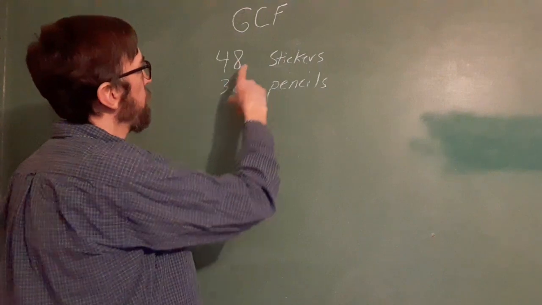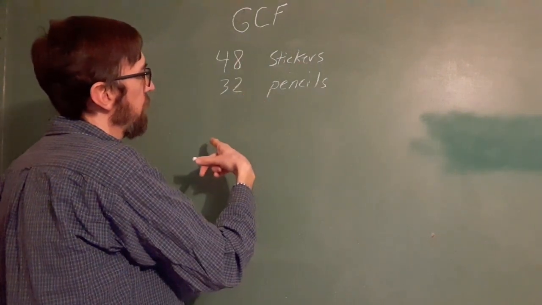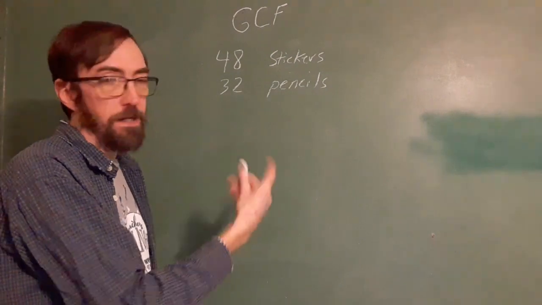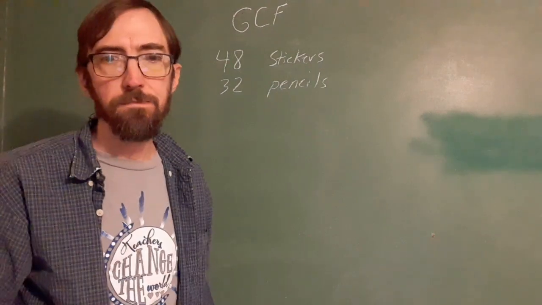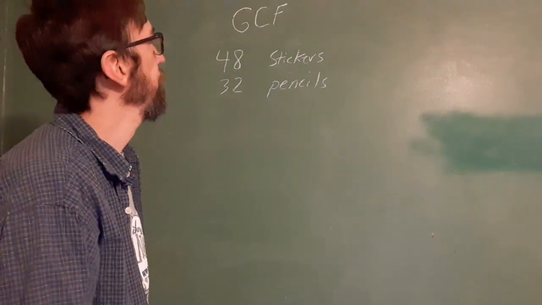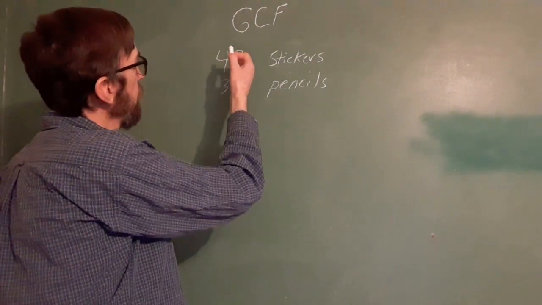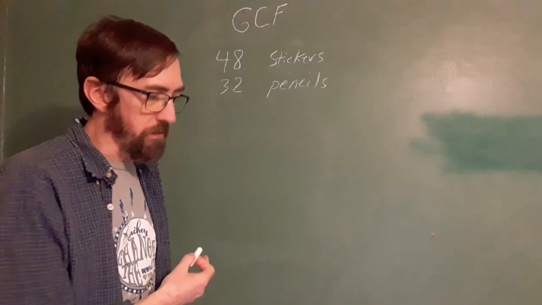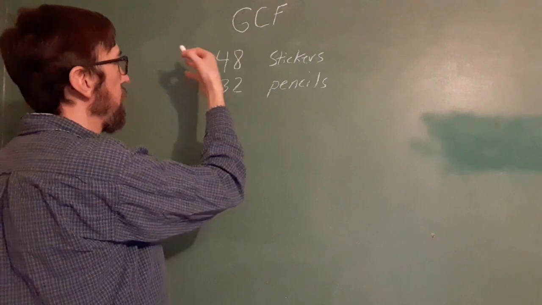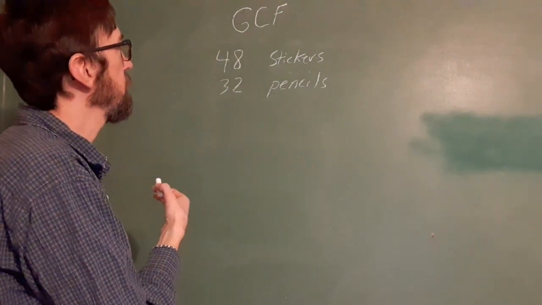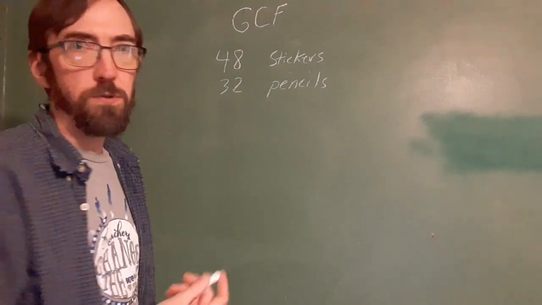So what number can we divide both of these by to get a natural number solution? We're not going to cut stickers in half to put them in a bag. So we want a factor that we can pull out of each of these. And we want it to be the largest factor that we can pull out of each of these so that we get these nice natural number solutions.